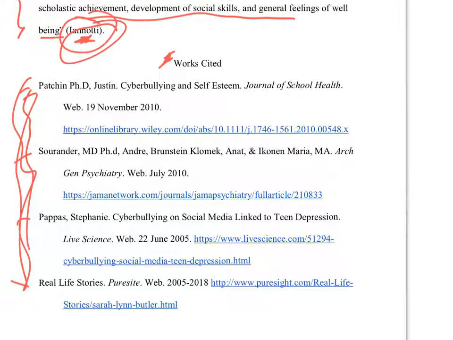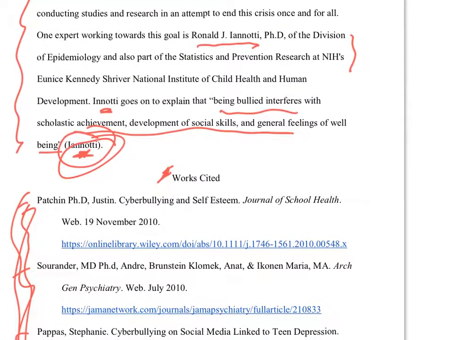Now, my guess, though I can't be certain of it, is that this quotation up here, and the mention of this source, it's possible that the student just has a source by Iannotti that they never put in the works cited page, but my guess is that this was actually mentioned in one of these sources. That's what we call an indirect source.